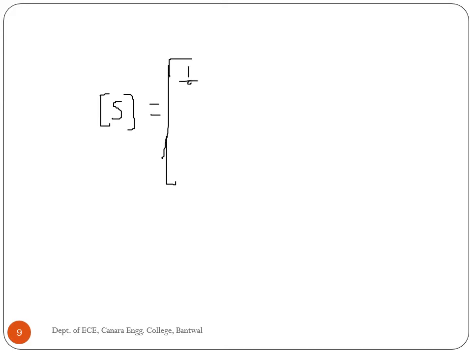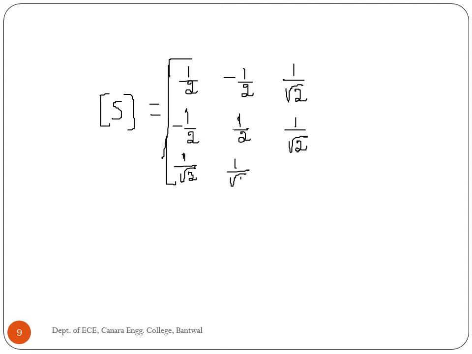S11 is equal to half, S12 is equal to minus half, S13 equal to 1 by root 2, S21 is equal to minus half, S22 is equal to half, S23 is equal to 1 by root 2, S31 is equal to 1 by root 2, S32 is equal to 1 by root 2 and S33 is equal to 0.